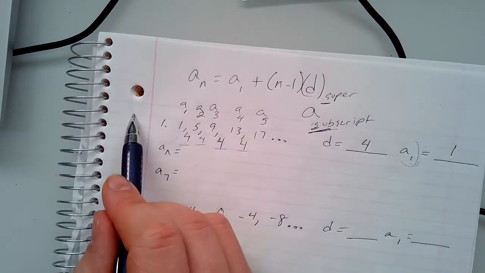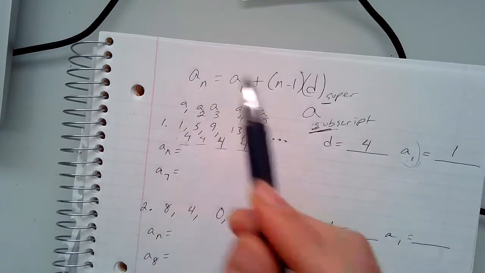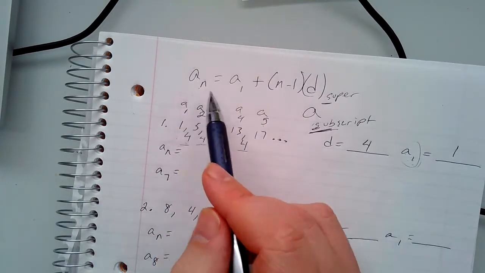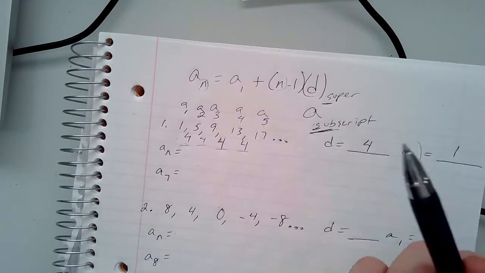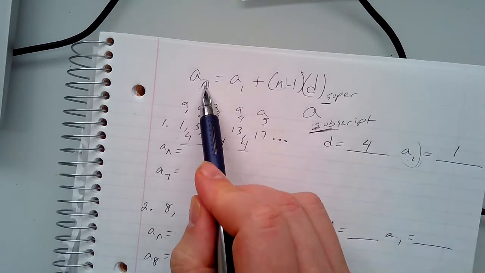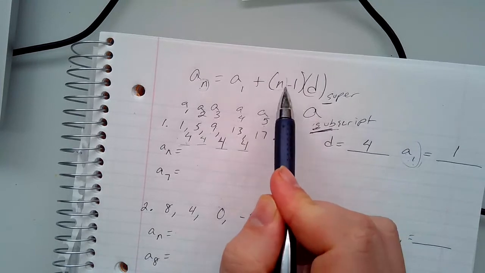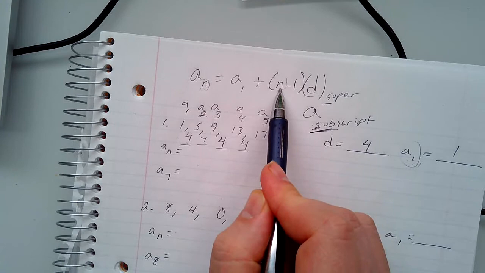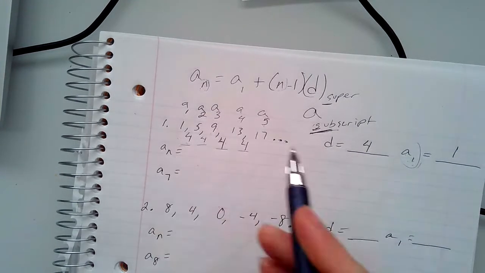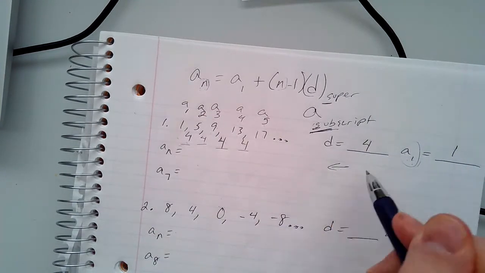If I want to find any of them, this is the equation for that. Now, notice the n here and the n here are going to be the same n. So if I wanted to find the 6th term, I would put in a 6 right here. If I wanted to find the 100th term, I would put in a 100 right here. So a sub n, this is the nth term equation.